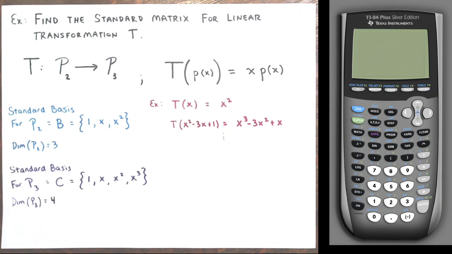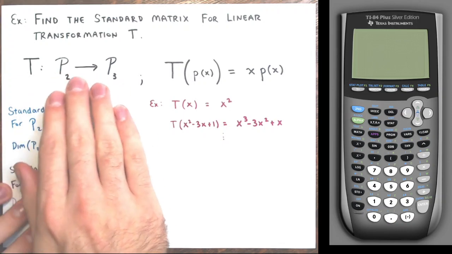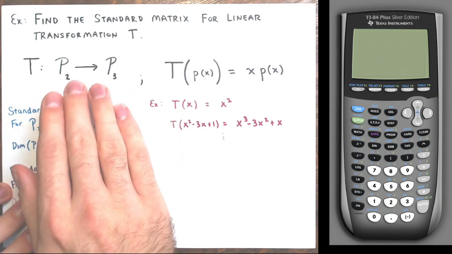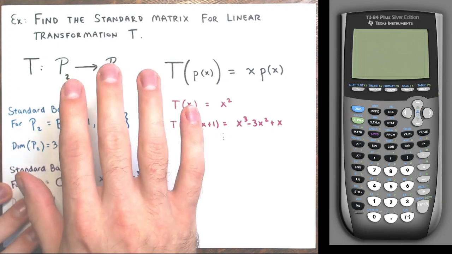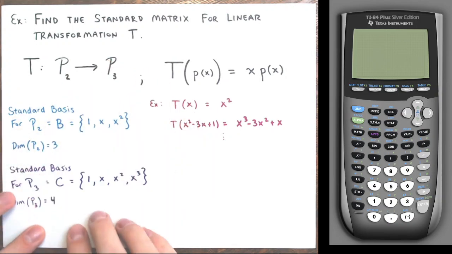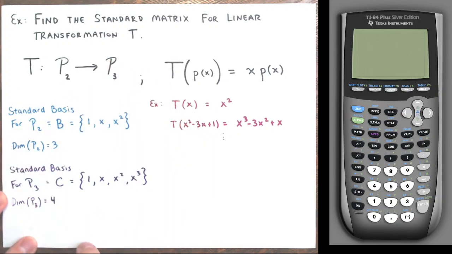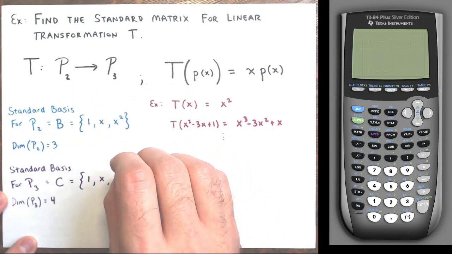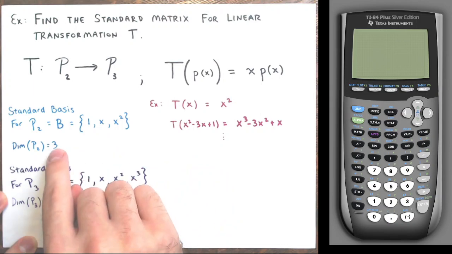All right, so what I'm going to do next is, right now I have a transformation between 2 vector spaces that are not Euclidean. These are not R2 and R3 or R4 and R5 or something. But what we are going to see is, I'm going to write that coordinate vector representation for T, where we can represent this transformation as something that's going from R3 to R4.